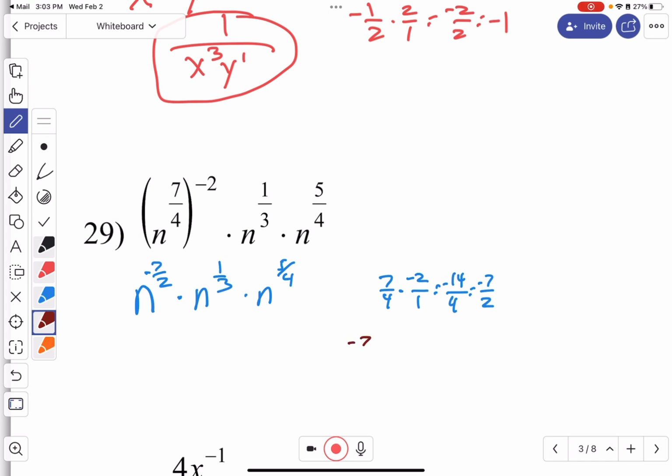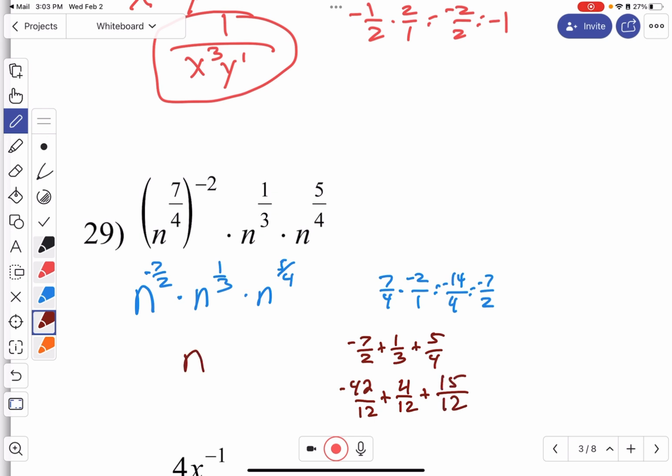So we've got negative 7/2 plus 1/3 plus 5/4. Common denominator here is going to be, I believe, 12. 2 times 6, 6 times 7, so negative 42 twelfths. 3 times 4, 1 times 4 is 4. 3, so that's 15.